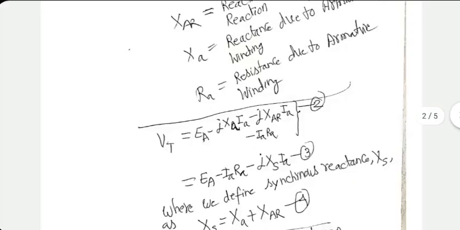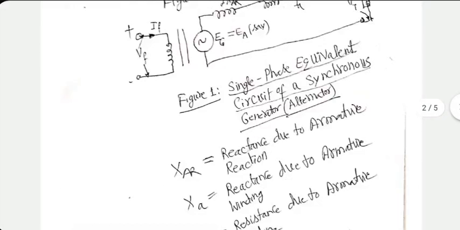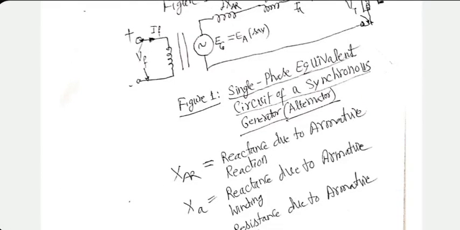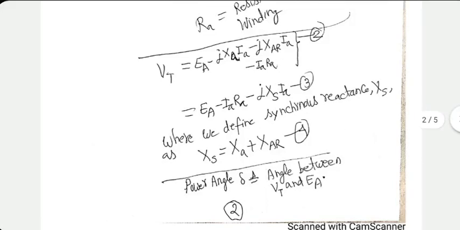Terminal voltage will be EG or EA, whatever you want to call the back EMF, minus IA into RA minus jXA IA minus jXAR IA. Kirchhoff's voltage law.